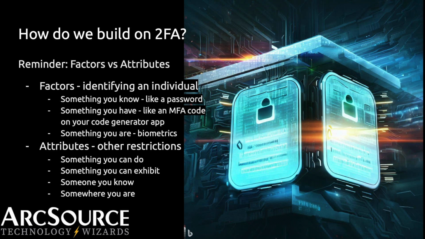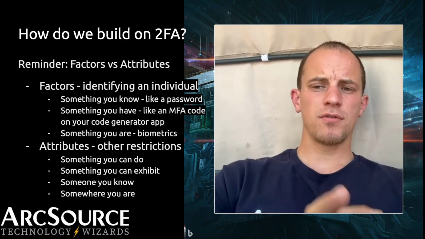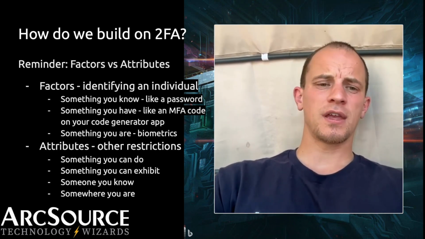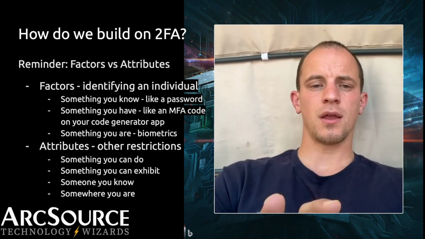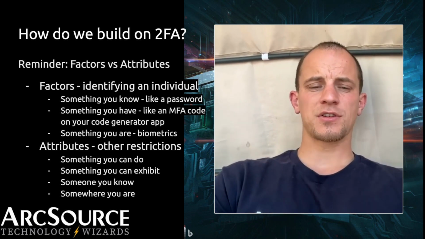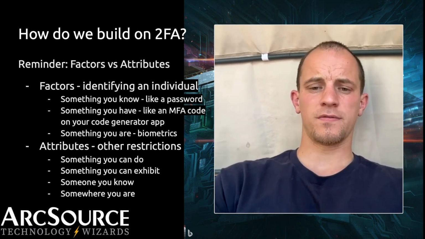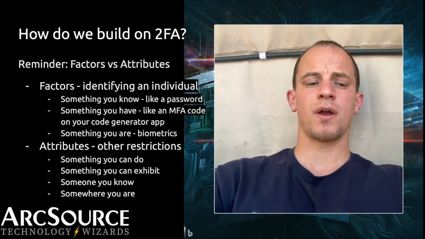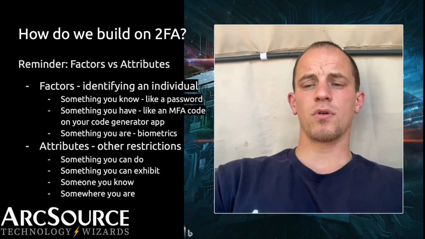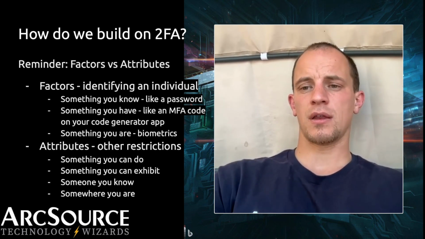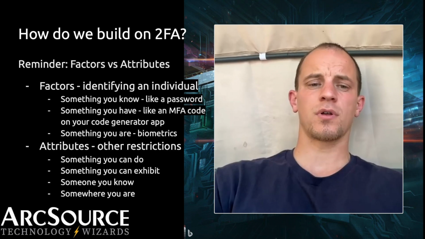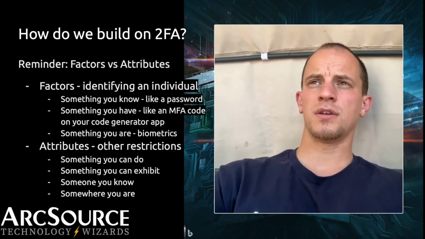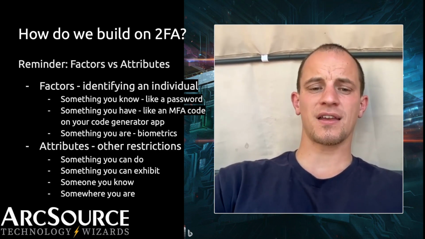And I put somewhere you are last because that's the main thing I want to turn our attention to in a minute. But as you think through these categories of factors and attributes, this is a world of opportunity for us as IT professionals to build on two-factor auth, to get to a true multi-factor auth where the system needs more than just a username and a password and a two-factor code, or a username and password and some other additional thing that we've put there for the second factor.